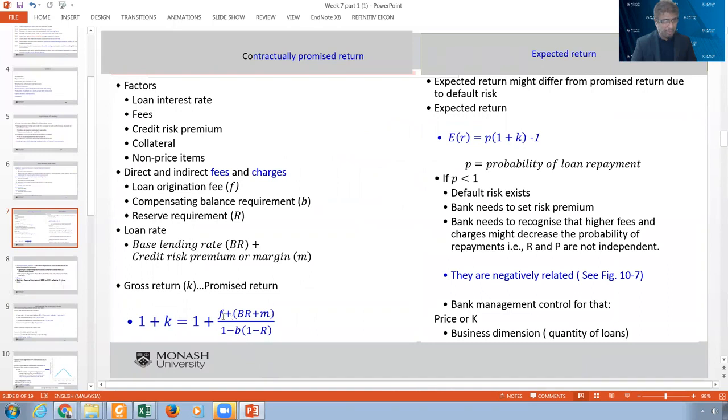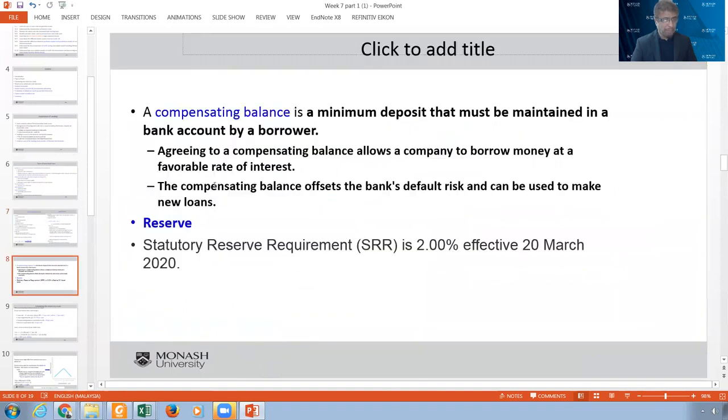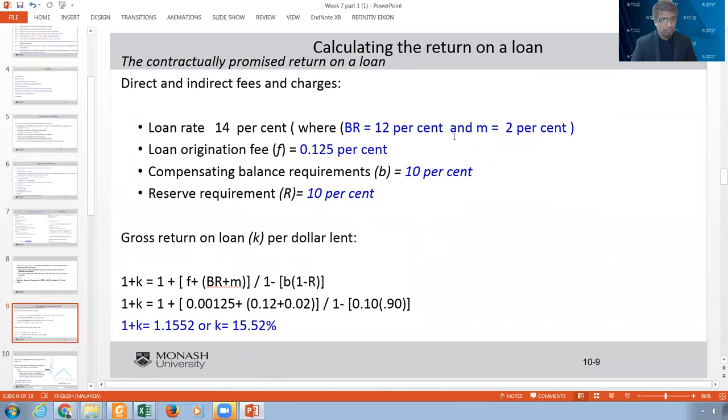They tell you they are charging only, for example, the nominal rate, which is the fees plus the BR plus the M, which is in this case the 12 plus the 2 plus the 50 basis point. When you take this to calculation, it becomes actually 15.25, as you can see, which has been inflated.